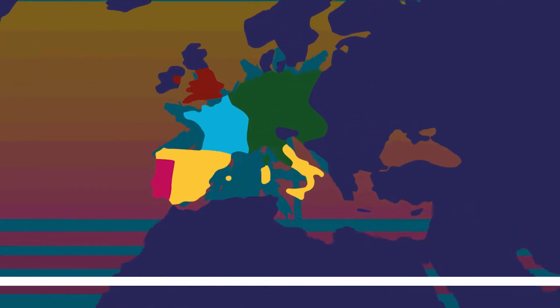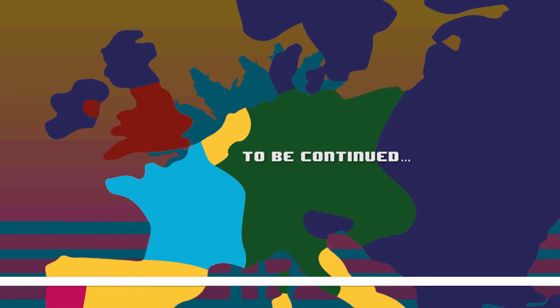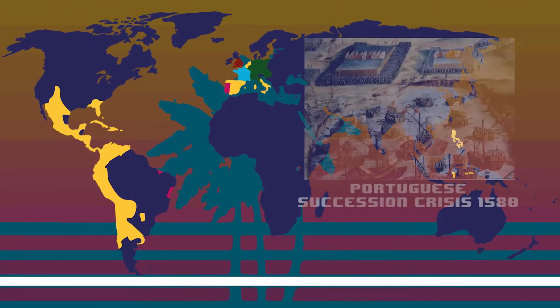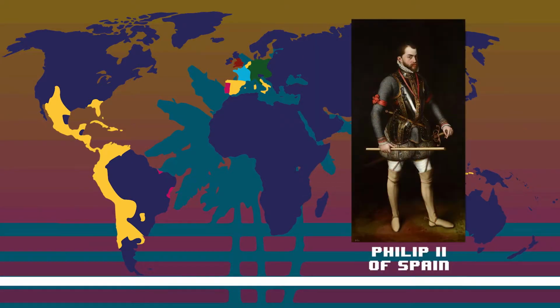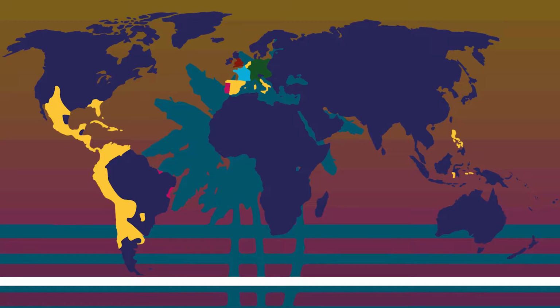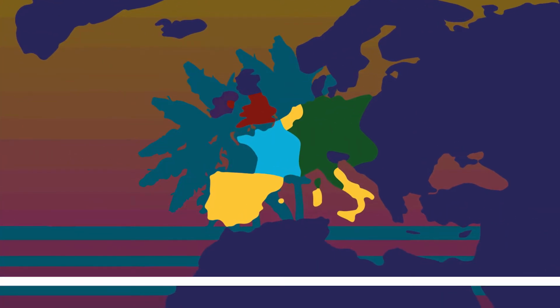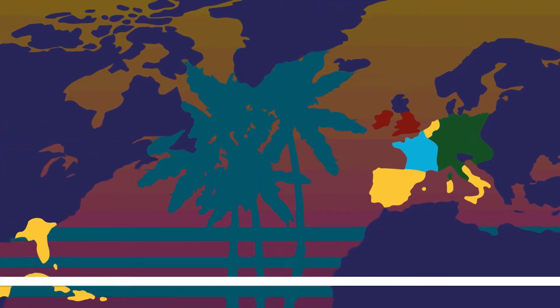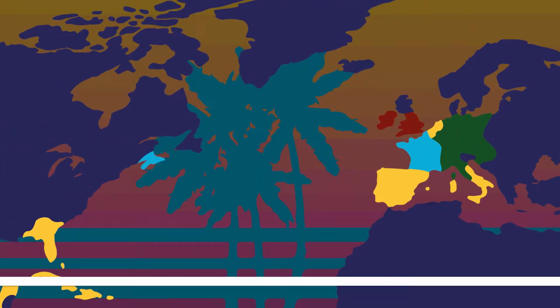They also conquered the entire west coast of the Holy Roman Empire, which they probably shouldn't have done, but more on that later. Finally, because of the Portuguese succession crisis of 1580, Philip II of Spain gained control of Portugal and therefore also all of the Portuguese colonies. Meanwhile, the British conquered all of Ireland and the French now set foot on the New World for the first time in 1605, followed soon by the British.